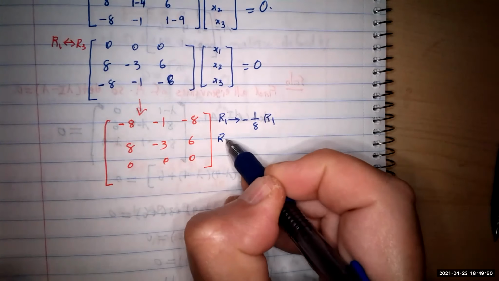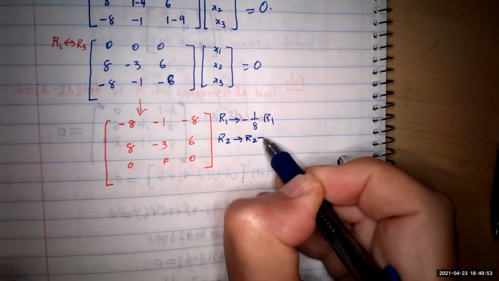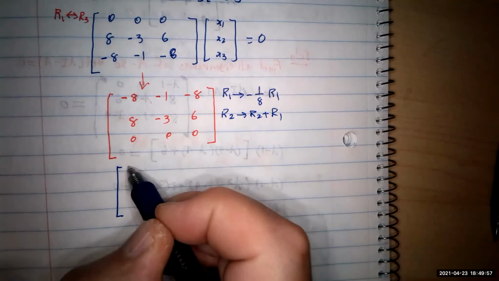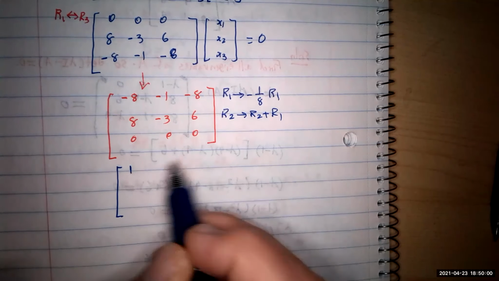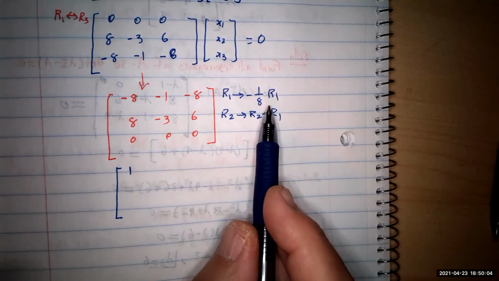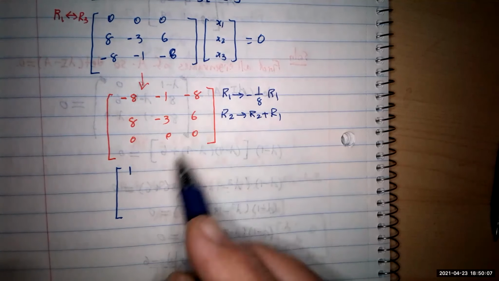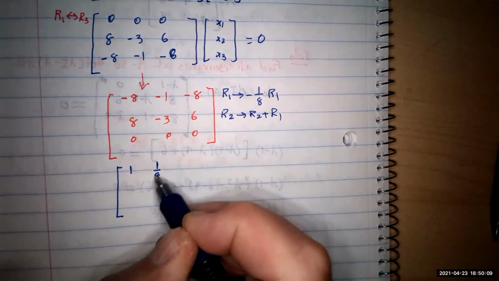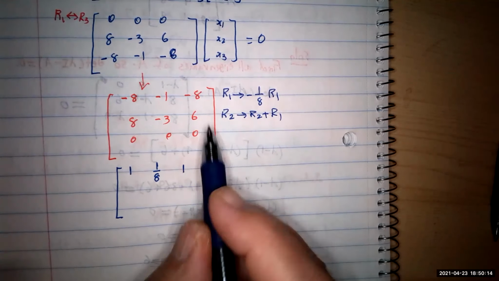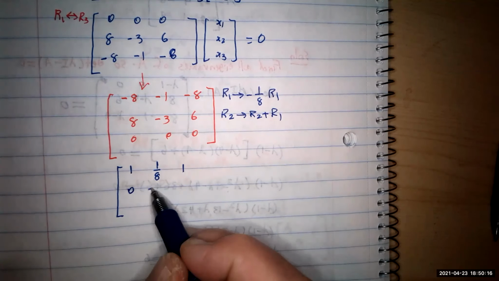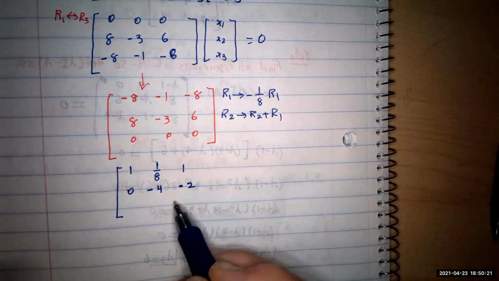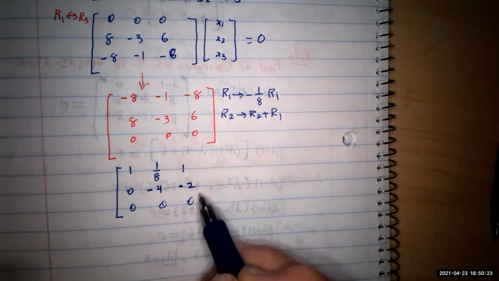It's going to be R2 added to the R1 at the same time. We end up with the 1, we divide by 1/8, negative 1/8. So that gives us a 1, 1/8, and this would be a positive 1. The second one, R2 and R1 added together, 0, negative 4, and this is going to be a negative 2, and we have the 0, 0.